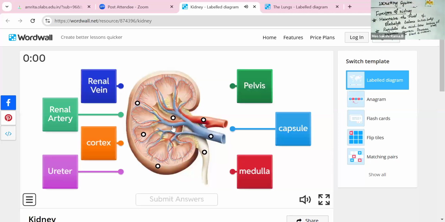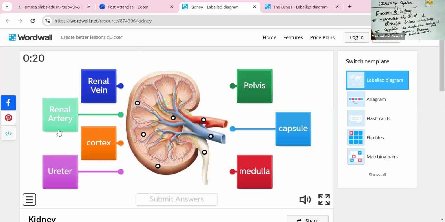So the same way, I'm going to show the kidney. It is a bean-shaped organ. So this is the kidney structure. Now we are going to find the correct parts of the kidney. Okay. What are the parts?